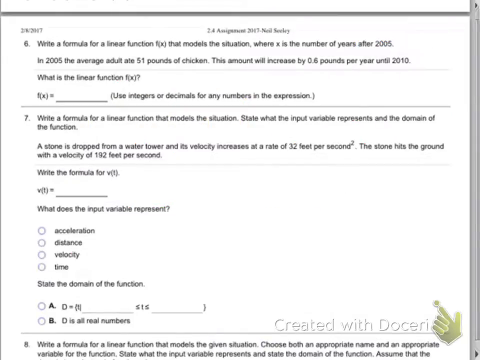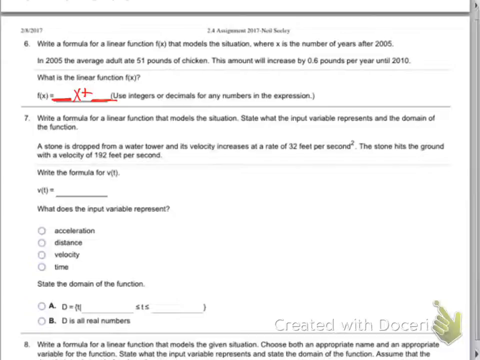Okay, so this is a good first example, number 6 here. It has some kind of constant rate of change and some initial amount that we're looking for. I'm going to color code it, because here's what I know I'm looking for. I got something x plus something. My slope is going to go before the x, my y-intercept after the plus sign there. What kind of constant rate of change are we seeing?